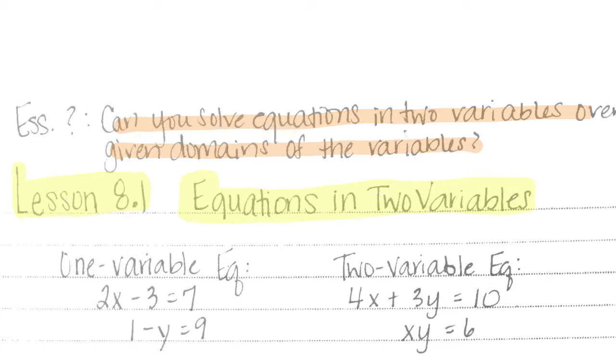So, an example of one variable is 2x minus 3 equals 7, or 1 minus y equals 9, and you guys can solve that. But now we're facing two variables where we have 4x plus 3y equals 10 or xy equals 6.